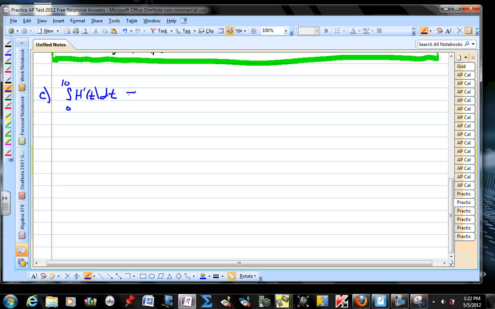The integral of h prime is going to be h, and we're going to evaluate this from t equals 0 to t equals 10. So according to the fundamental theorem of calculus, version 1.0, it's going to be h of 10 minus h of 0. Let's see how we can work this now.